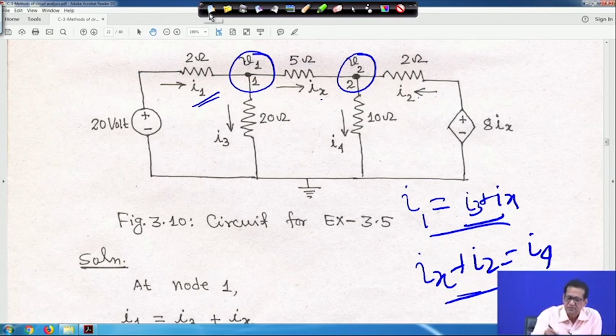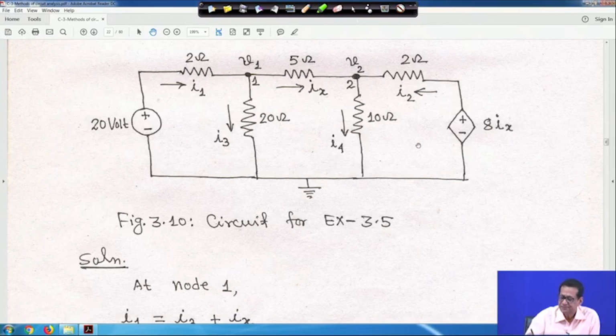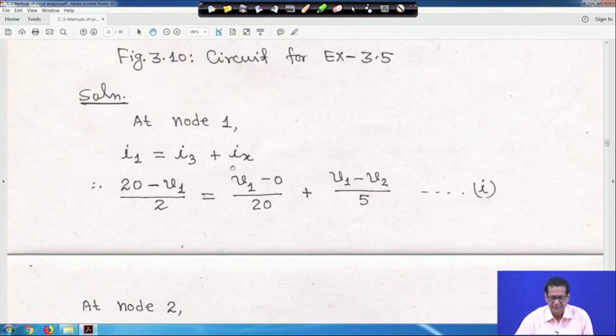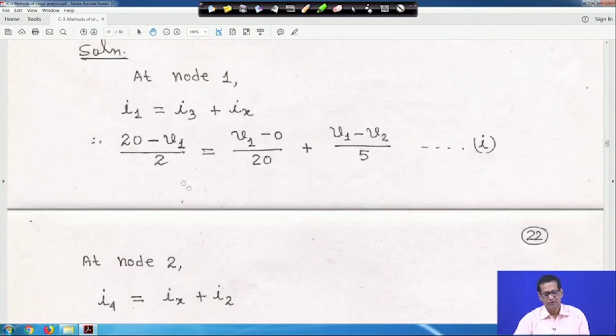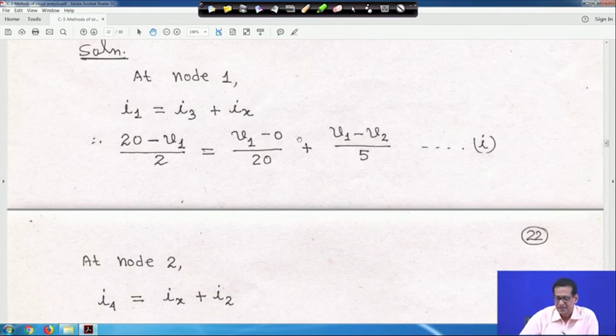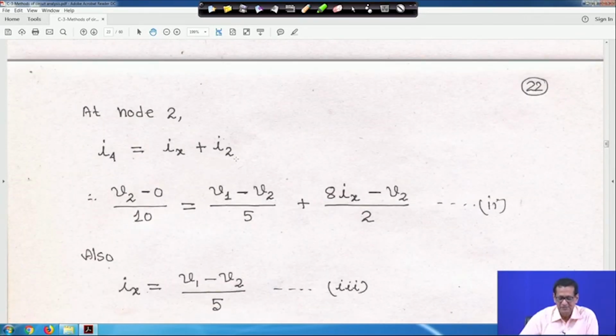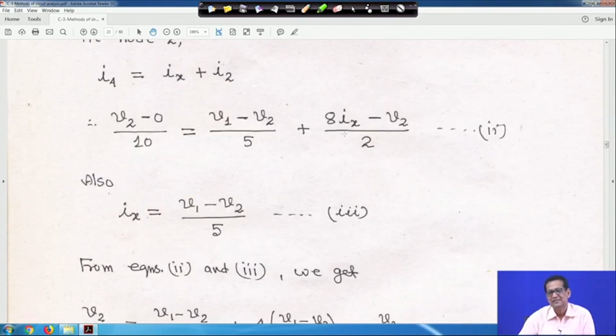That is why at node 1 it is I1 equal to I3 plus Ix, and at node 2, I4 is equal to Ix plus I2. All these things have been explained in blue ink.